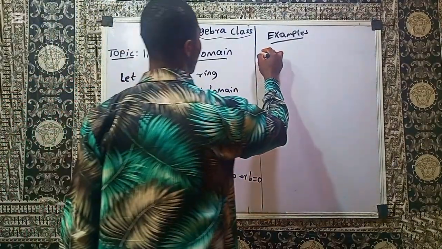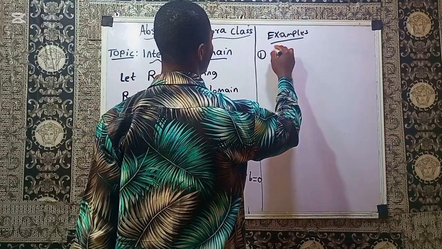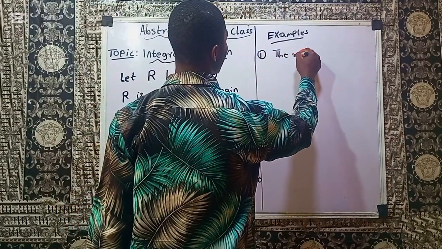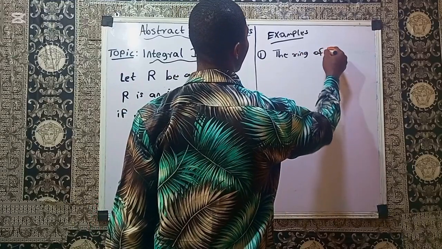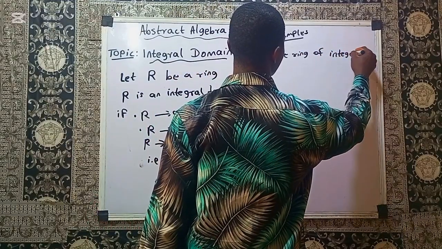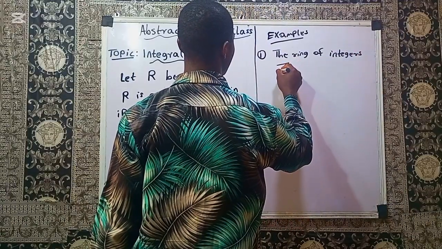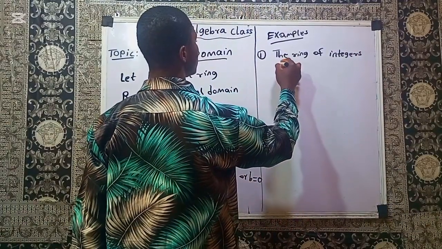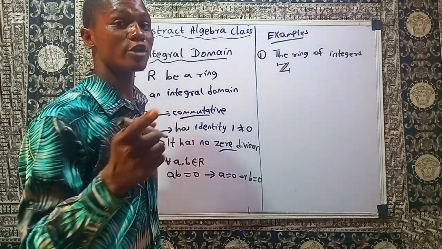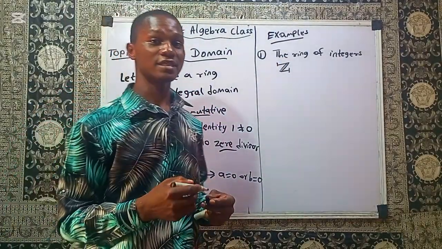The first example is the ring of integers, denoted by Z. The ring of integers is an integral domain. Why is it an integral domain?